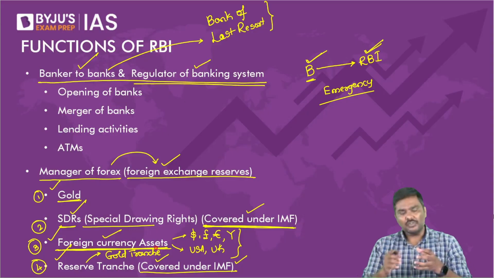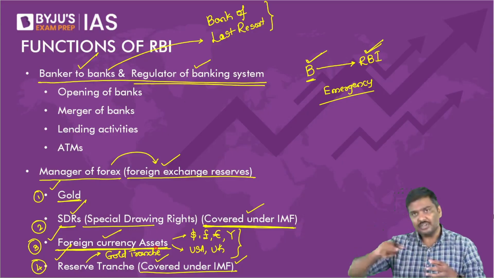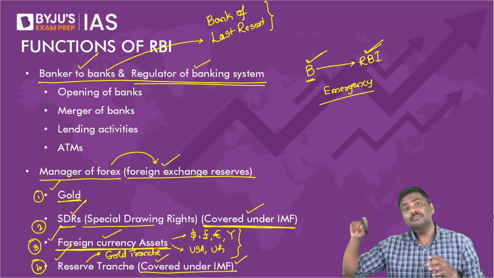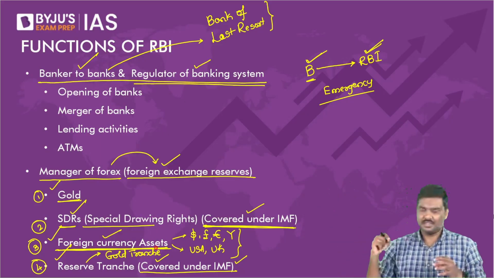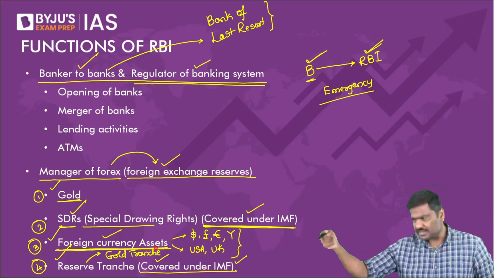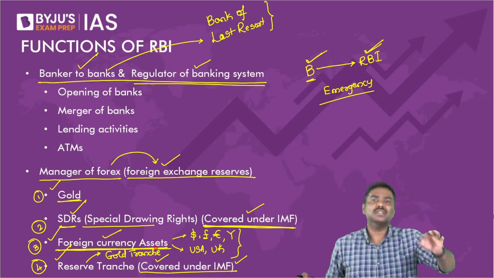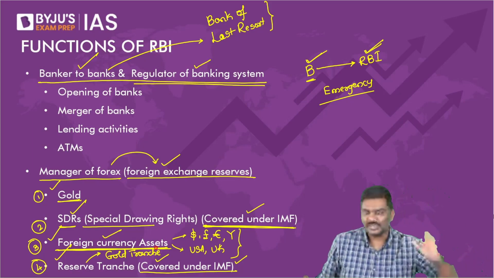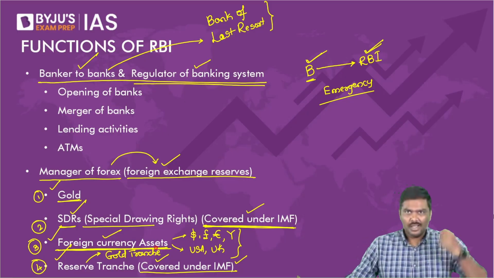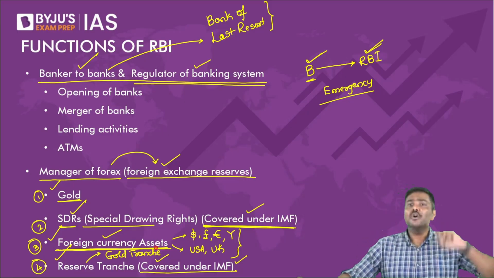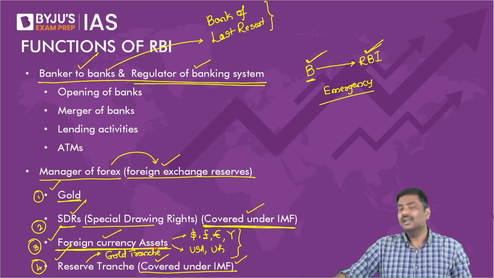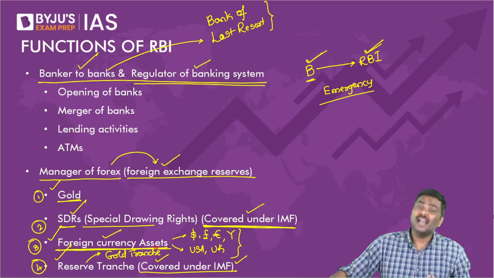Basically, this is a basket. Basket means collection. This is a collection of different types of assets in which RBI has invested, but these are in foreign currencies. For example, RBI will purchase a bond of the government of USA.